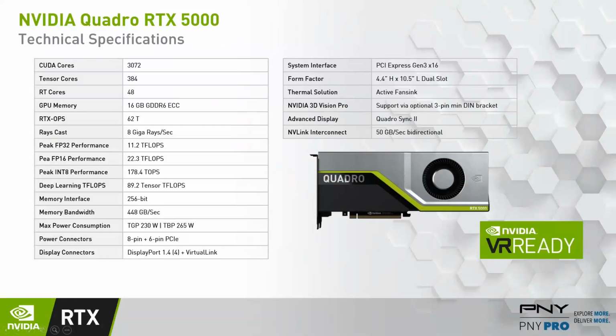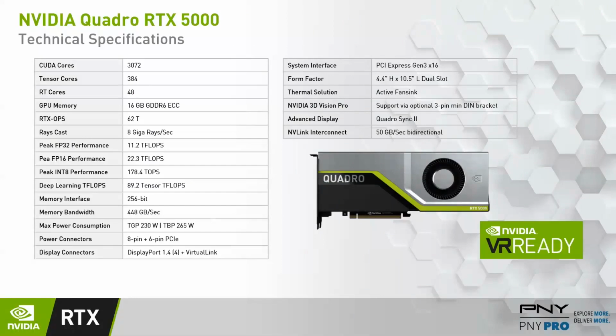This is a dual slot width card. It ups the CUDA core count, it ups the tensor core count, it ups the RT core count, and it also doubles the amount of GPU memory to 16 gigabytes, which allows for larger models or scenes to be rendered with photorealistic results with full GPU acceleration, speed, and performance. Again, DisplayPort supported over Virtual Link.